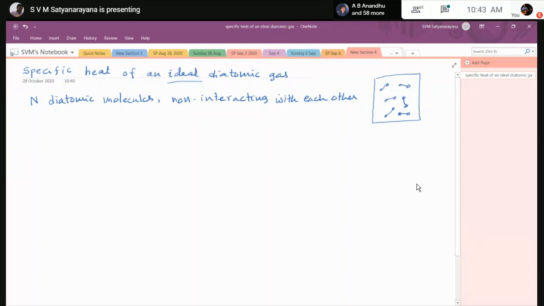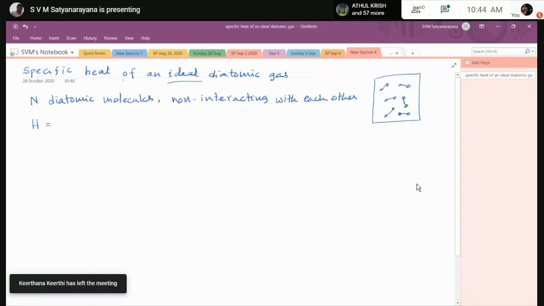Okay. So, once we have this kind of a system, we can write down the Hamiltonian. How do you write down the Hamiltonian?